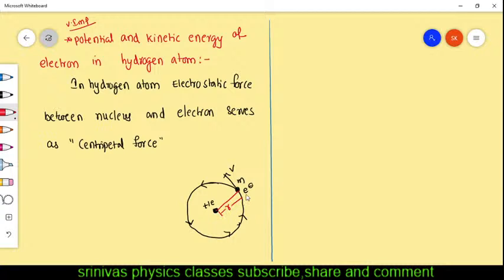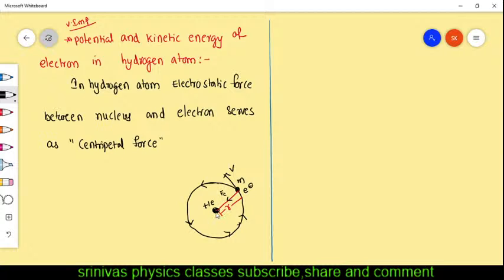Electron revolves around the nucleus in particular orbits, but the electron is in circular motion. To maintain any body in circular motion, centripetal force is required. Who is providing the centripetal force?